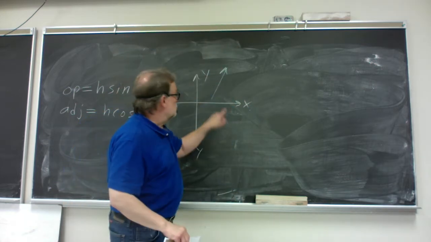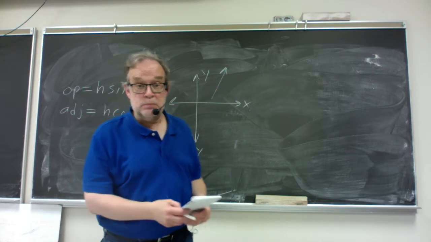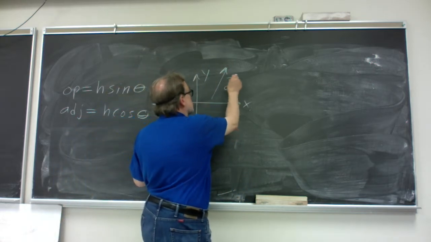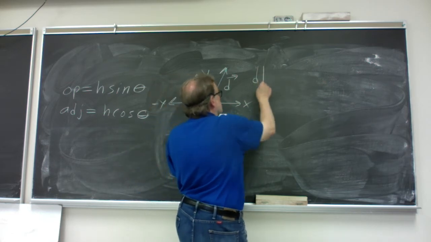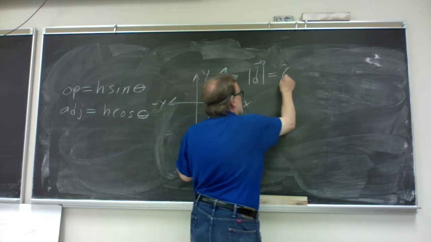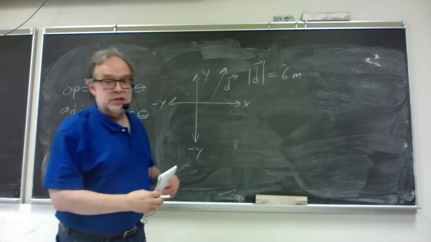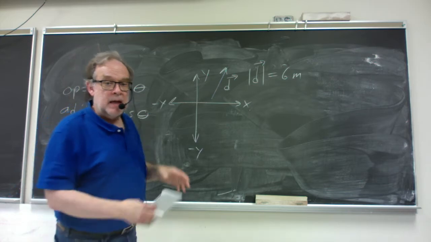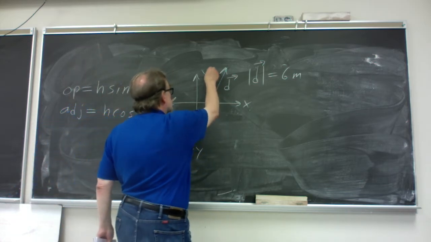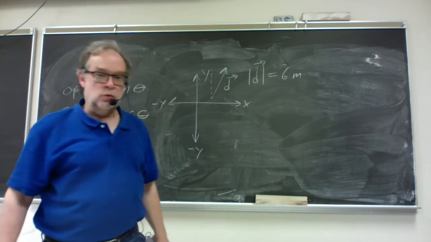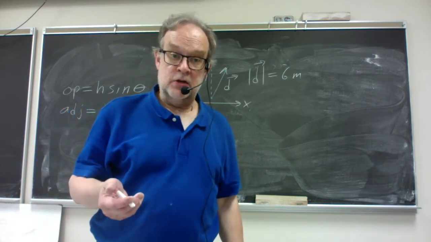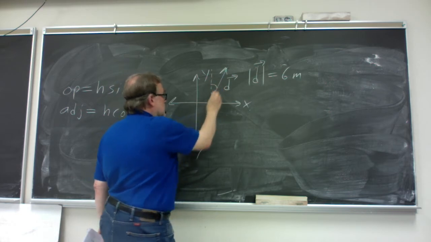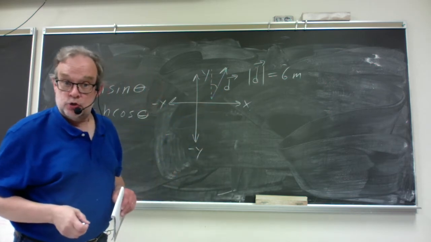So there was some kind of motion that started here and ended here, and that's the displacement vector that represents that motion. Displacement vector, I'll call it d again, and its magnitude, we'll say this time 6 meters. The distance between the starting point and the finishing point is 6 meters. And for our direction angle, we'll take an angle with respect to the positive y-axis. So there's our angle right there, and we'll say that angle is 20 degrees.